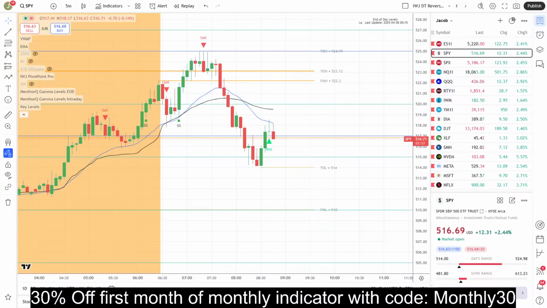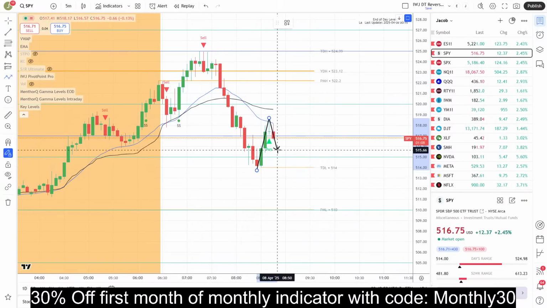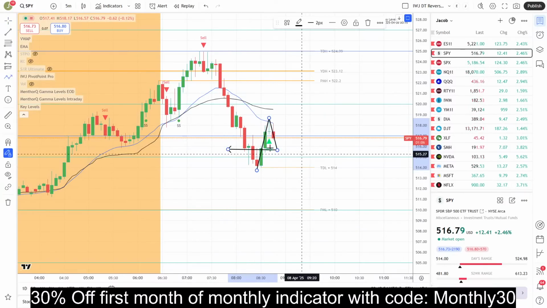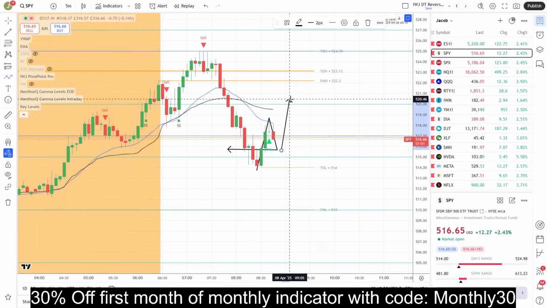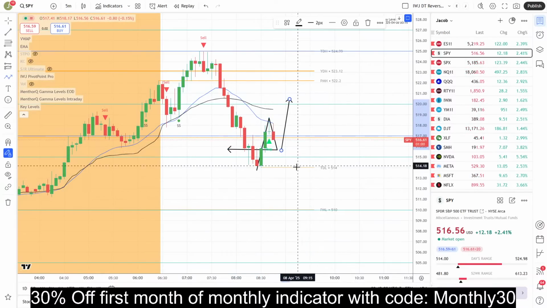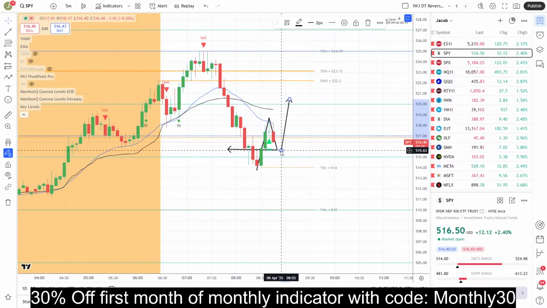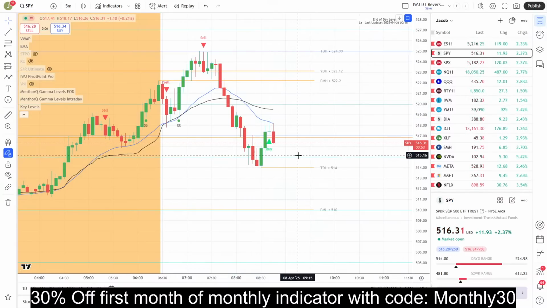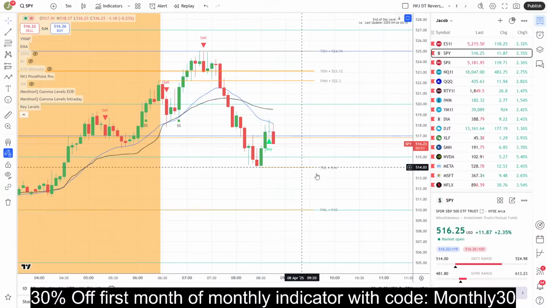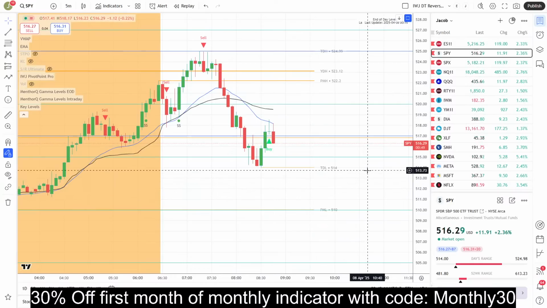I do think the bulls have a chance to build a setup here. The rejection off the 21 like this, come back down into this area, and then build a move higher. So a buy stop would be okay here for me. If we get it, and then if we get a buy after that, that would be a decent entry point.